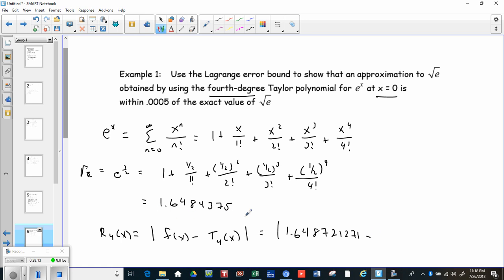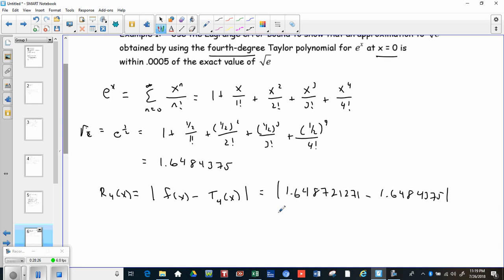And then we'll subtract what we got for our Taylor polynomial, which is 1.648375, and when you plug that in and do the subtraction here, take the absolute value, you get 2.837 times 10 to the negative fourth power, which, if you realize, when you move the decimal place, is the same thing as 0.0002837. That is less than 0.0005. So that checks out.